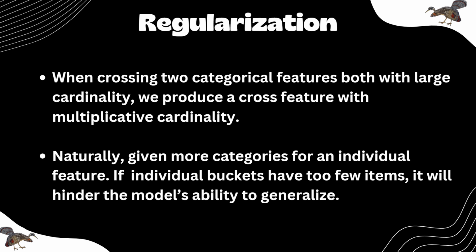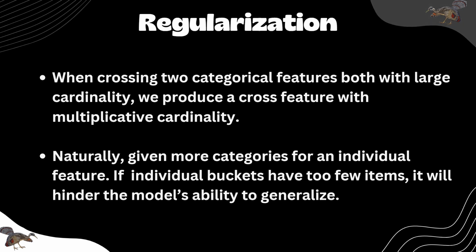This makes it harder for the model to learn properly, because it doesn't have enough examples for some combinations. As a result, instead of generalizing, the model might just memorize the few cases it sees. That's why feature cross works best when you have enough amount of data to ensure each new feature has enough examples to learn from.